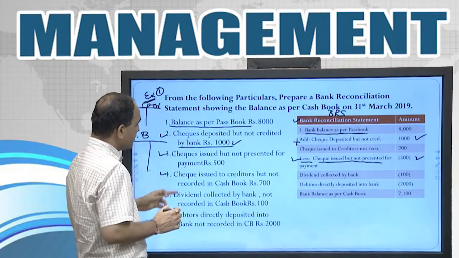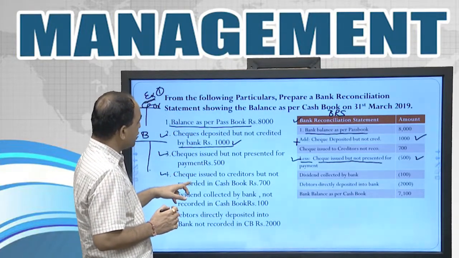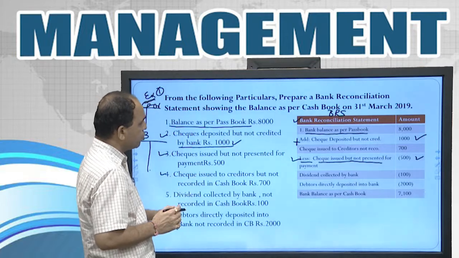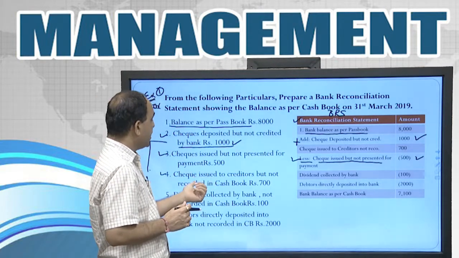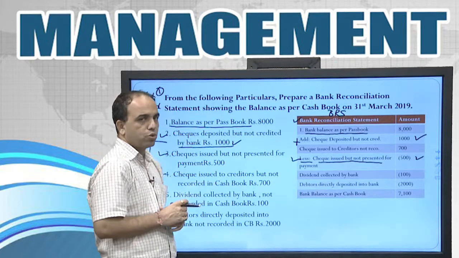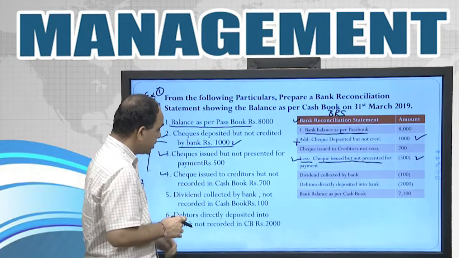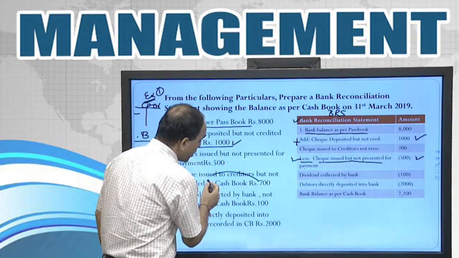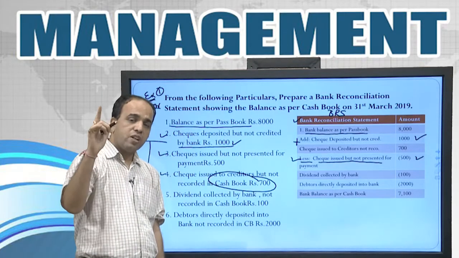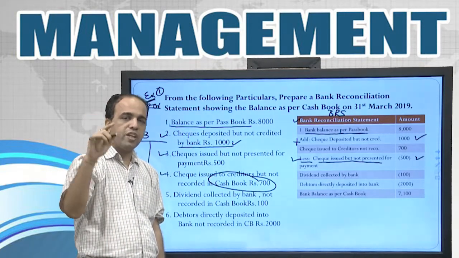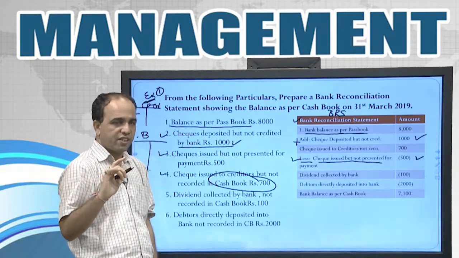If we write it in brackets in this column, it means it is deducted. The next transaction: check issued to creditors but not recorded in cash book, rupees 700, right. So, this is very important. We have not recorded it in the cash book, while already from the passbook we have deducted this 700.